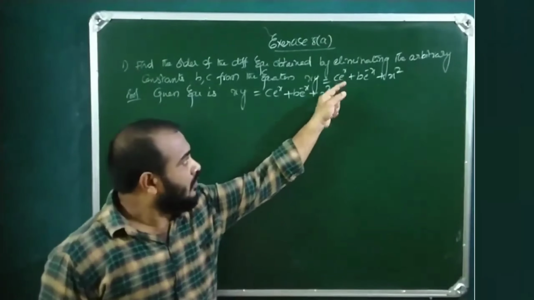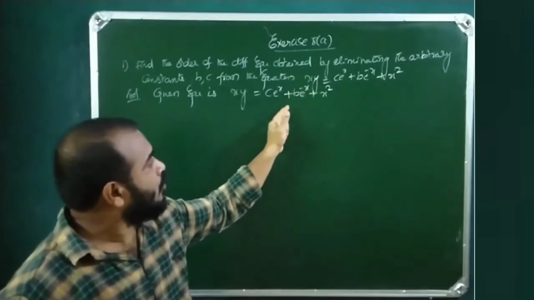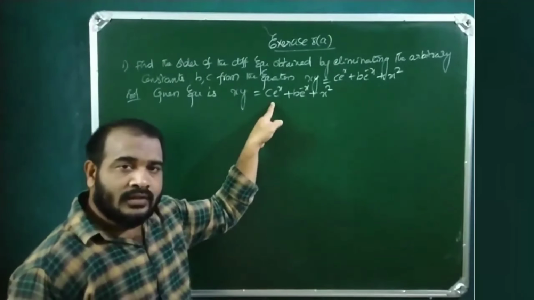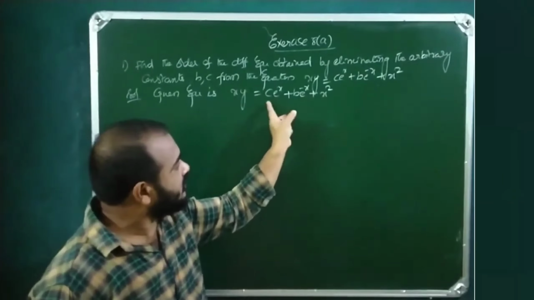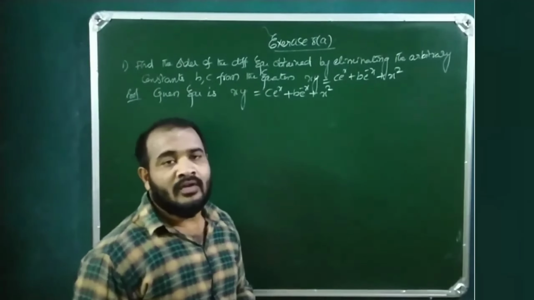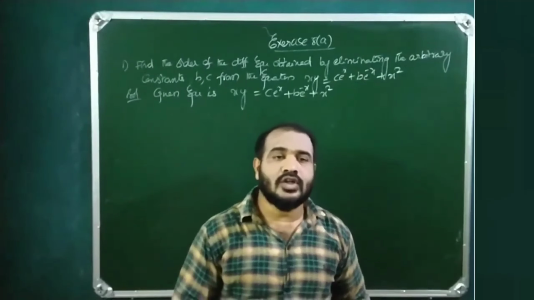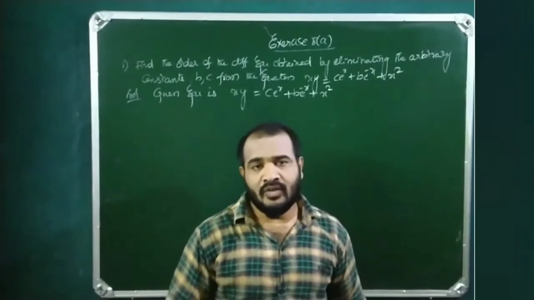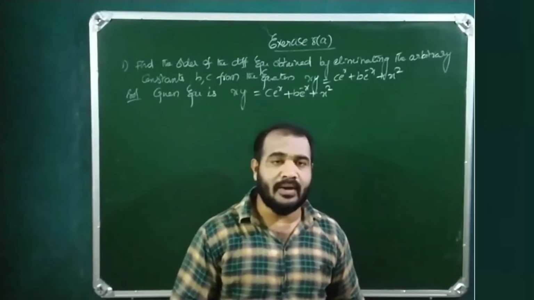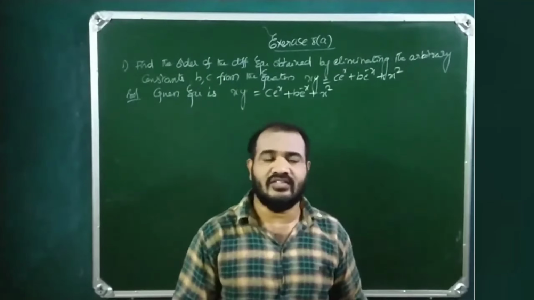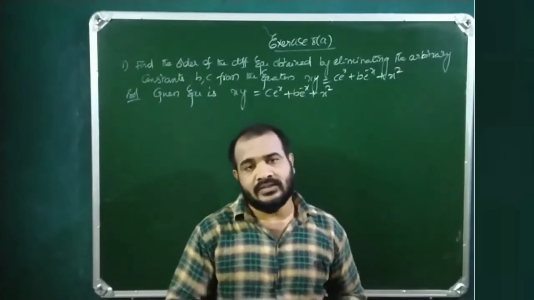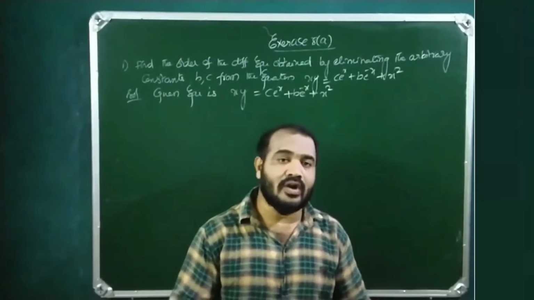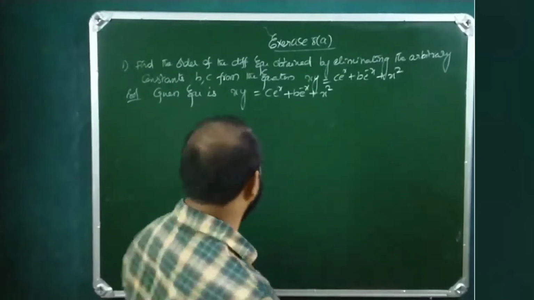To say about the order of a differential equation, since this equation contains two arbitrary constants c and b, we need to differentiate it twice for the elimination of c and b. The first time we differentiate, we will get dy/dx. If we differentiate this dy/dx again, we will get the second order derivative, which is d^2y/dx^2. So let us do that.